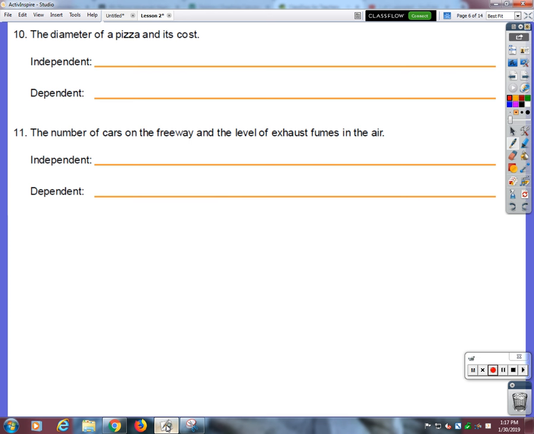Nathan? Diameter of the pizza and its cost. Cost of the pizza depends on its diameter. It's pretty easy.